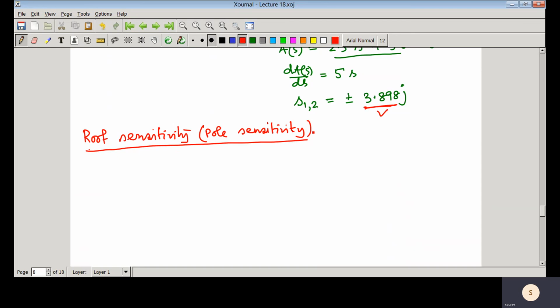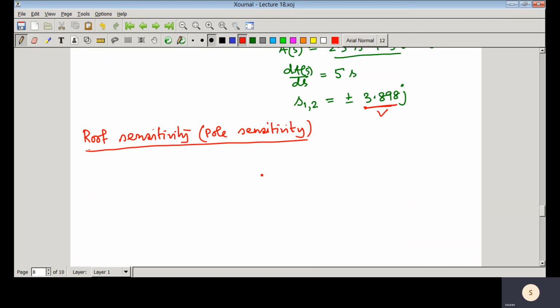So this is actually the ratio of the fractional change in a closed loop pole to the fractional change in the system parameter. Whenever we consider a closed loop system in root locus, we consider a parameter, that is K, the gain, and when that gain changes, the closed loop poles also change.